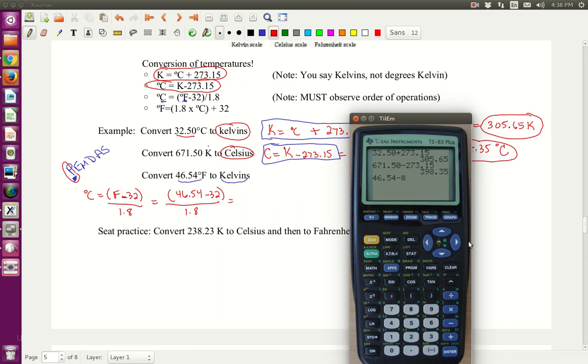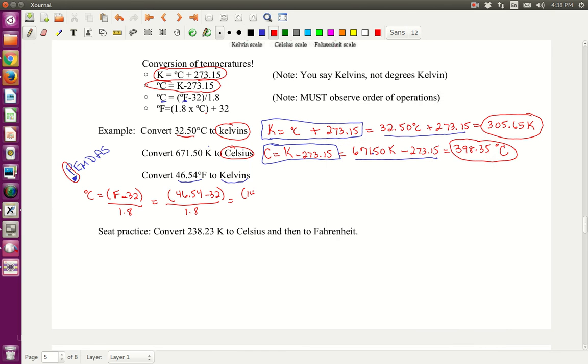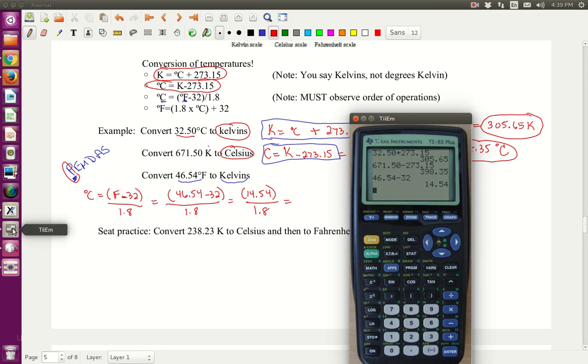So that's 14.54. Okay, 14.54 divided by 1.8. Okay, now I can do the next step in this process.